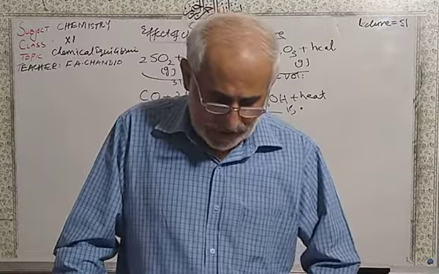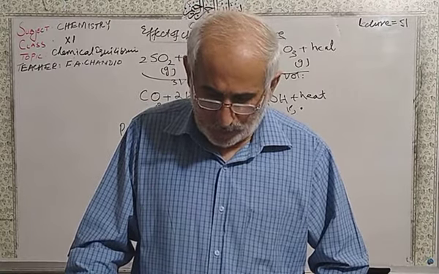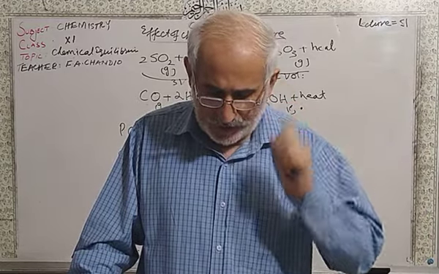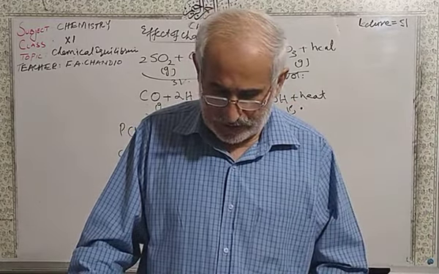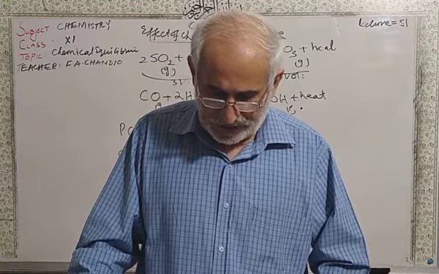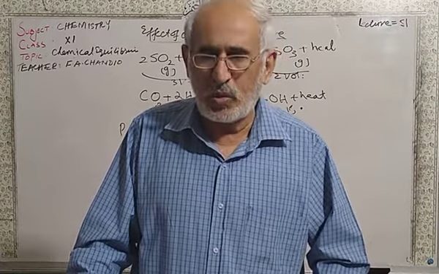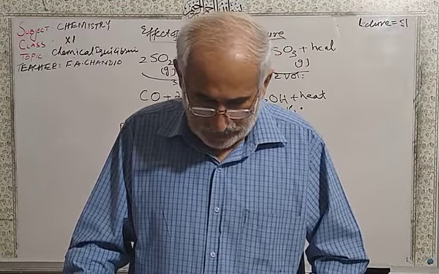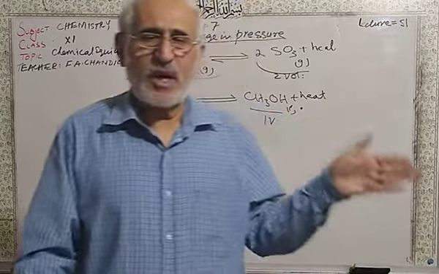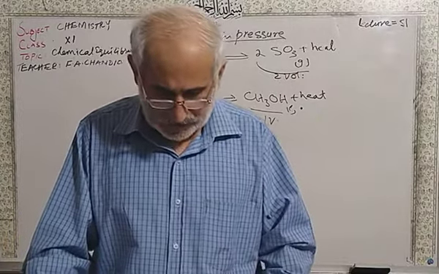So the students written here, if we suddenly increase the pressure on that system, what will happen to the equilibrium position? The reaction system will reduce the number of volumes by reducing the number of molecules present. This means that the reaction will shift towards the right side, where the smaller number of moles are there, because in this direction 3 volumes of the reactants and 2 volumes of the product are there.